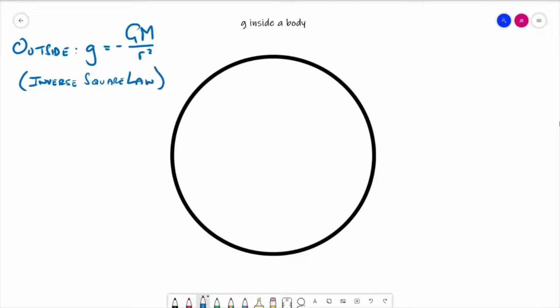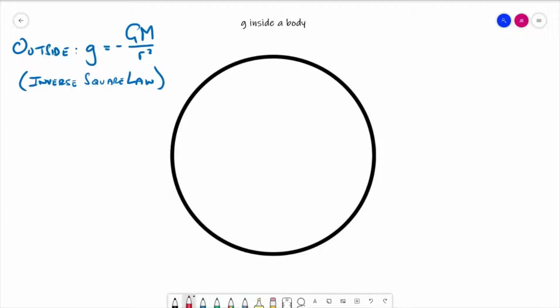When we're outside the body, it doesn't matter how far away we are from the surface; we've always got the same amount of mass between us and the centre of mass of the object. This question goes back to the age-old problem of: if you could drill all the way down to the core, or all the way out to the other side of the Earth, what would happen? It's almost an extension of that thought process.